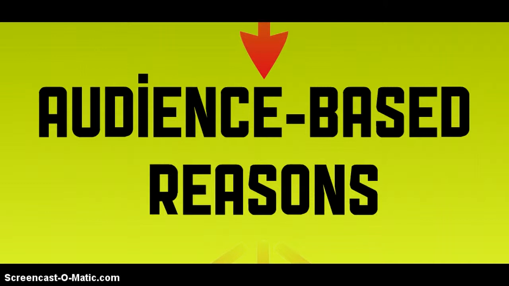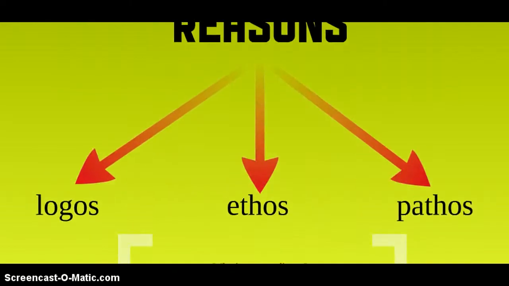In order to determine if audiences will agree with the warrants that our enthymemes are based upon, writers must be sure to find audience-based reasons that will appeal to the sentiments and values of the audience and that the audience will agree with. Finding audience-based reasons appeals to the audience in three different ways.